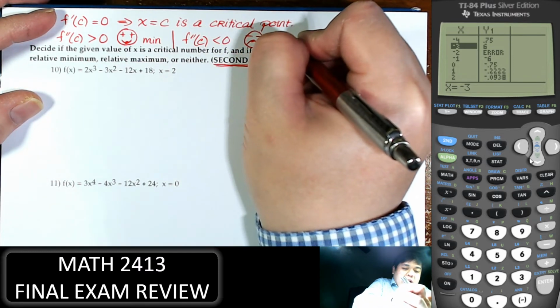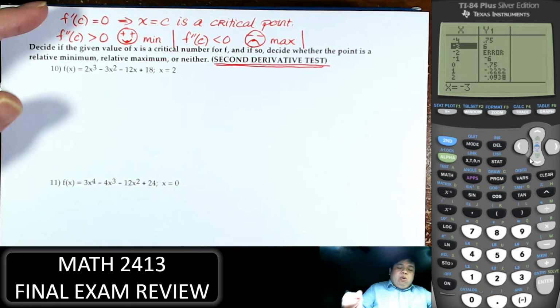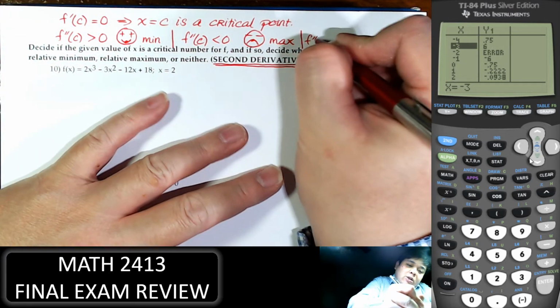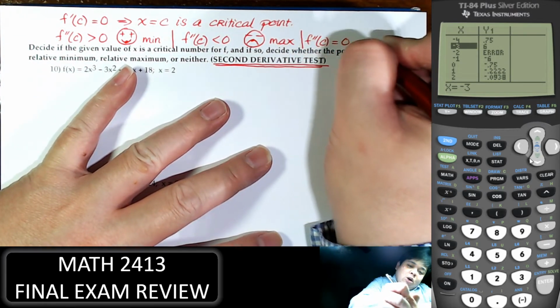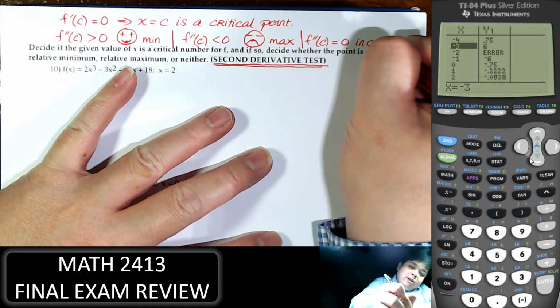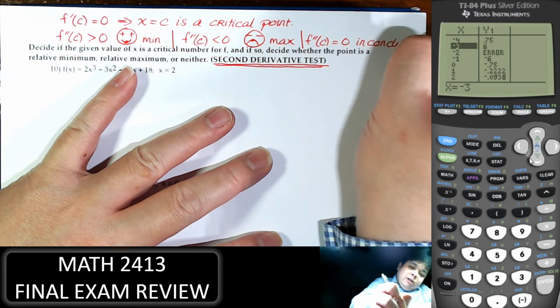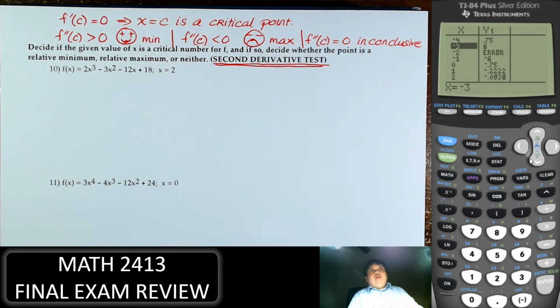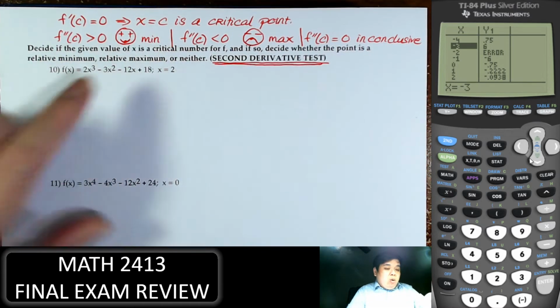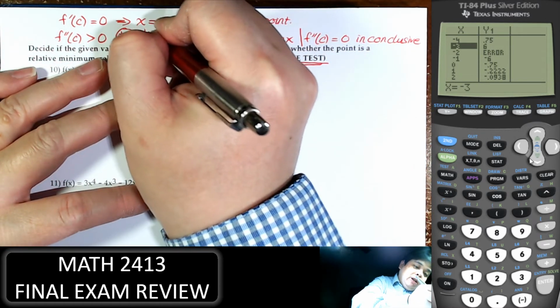It's only local max or local min. And if it's equal to 0, it's inconclusive. So that is the second derivative test. This is local max and local min.